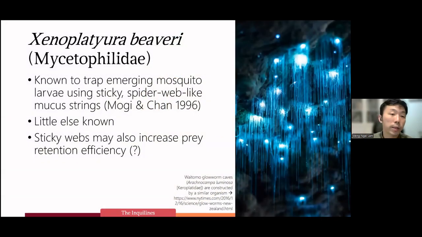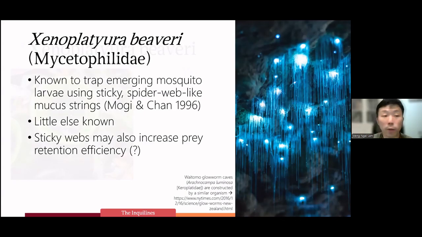Another one, Xenoplatyura. Has anyone here been to the Waitomo glowworm caves in New Zealand? If you have seen that before, the worm that's responsible for these glowworm sticky traps, and the worm that lives in Nepenthes pitchers called Xenoplatyura beaveri are very closely related, very similar in their strategy.